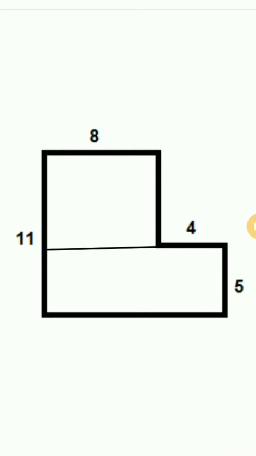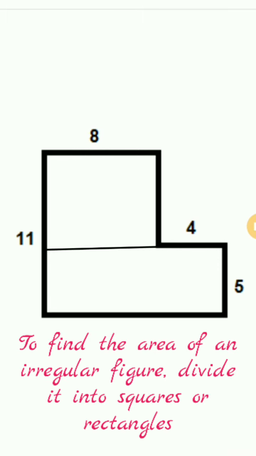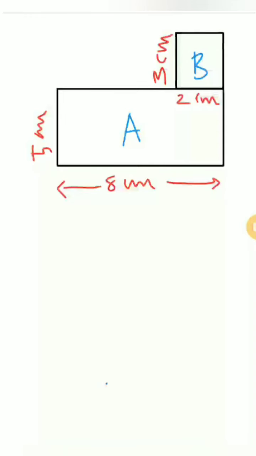To find out the area of an irregular figure, what we do is we divide the figure into rectangles or squares. Here we have an irregular figure. And if you look at this figure carefully, you can see that this figure is made up of two rectangles, rectangle A and rectangle B. So the area of this figure will be the sum of areas of these two rectangles.